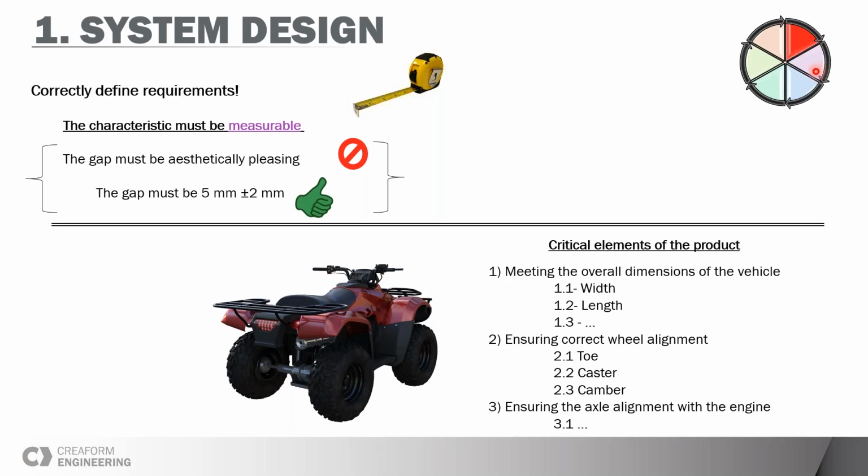But then the analysis might be a bit longer, because depending on if the product is complex or if it's just a small box that you want to make sure that everything is fitting correctly, it varies greatly. I think it depends more on the type of the product than the industry, like the complexity of the assembly.